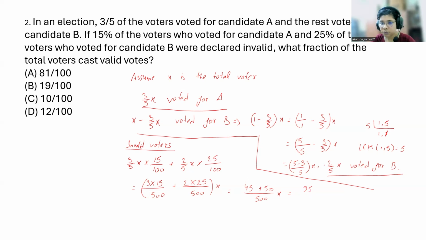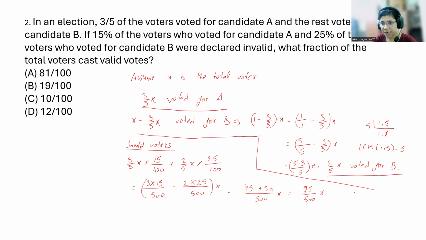So something is not correct. What they are saying is 15%, it's 25%. Right. So it is 95 upon 500 X. I can simplify it further, right? I can divide 95 as well as 500 by 5, because the answer is also in terms of 100.